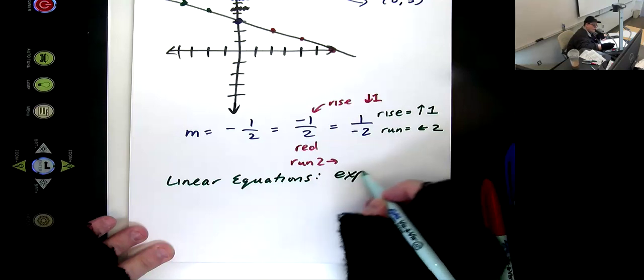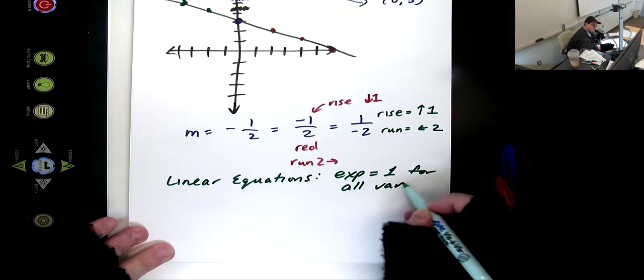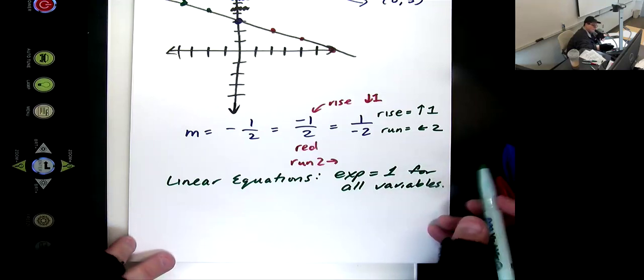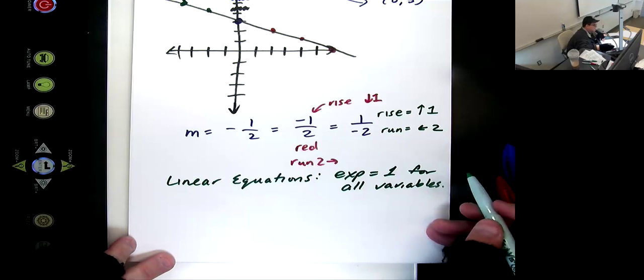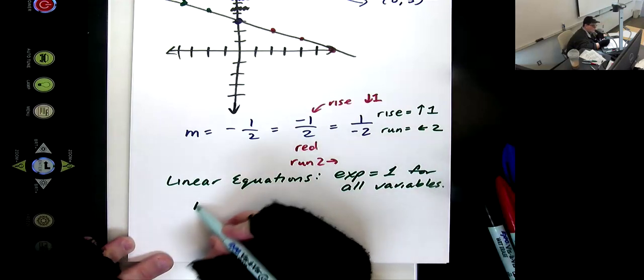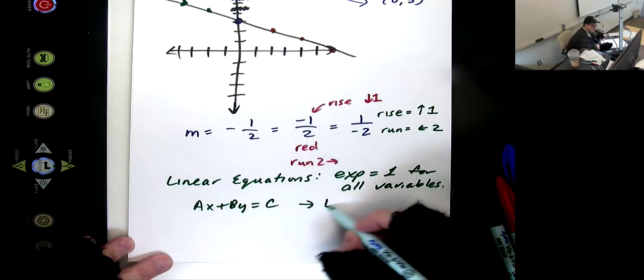The exponent equals 1 for all variables. So x plus 2y, each has a variable with exponent 1. So ax plus by equals c is a line in 2D.